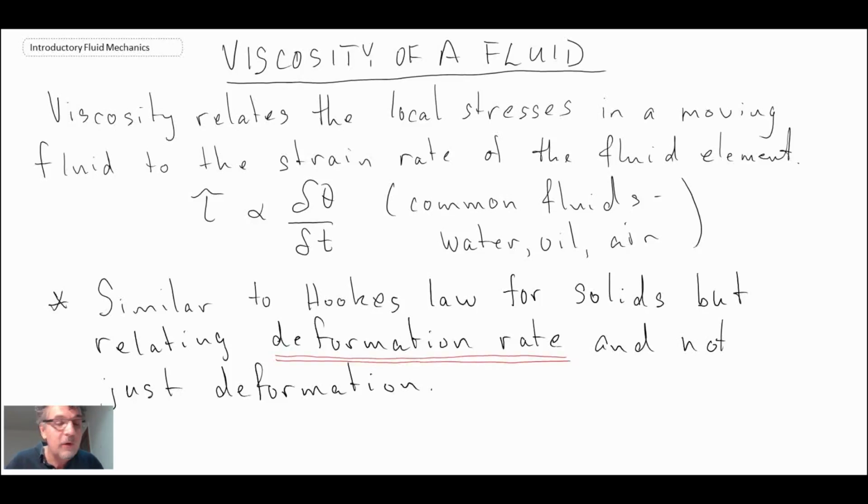So what we're going to do, we're going to start with a little element of fluid. And so imagine we have a chunk of fluid, it looks something like this. Well, first of all, let's define the size.